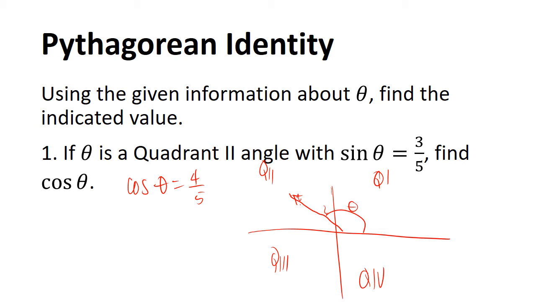And when we draw point P, we notice that point P has a negative x and a positive y. And since cosine corresponds to the x coordinate, and our angle is in quadrant 2 wherein the x values are negative, because of the negative x-axis.